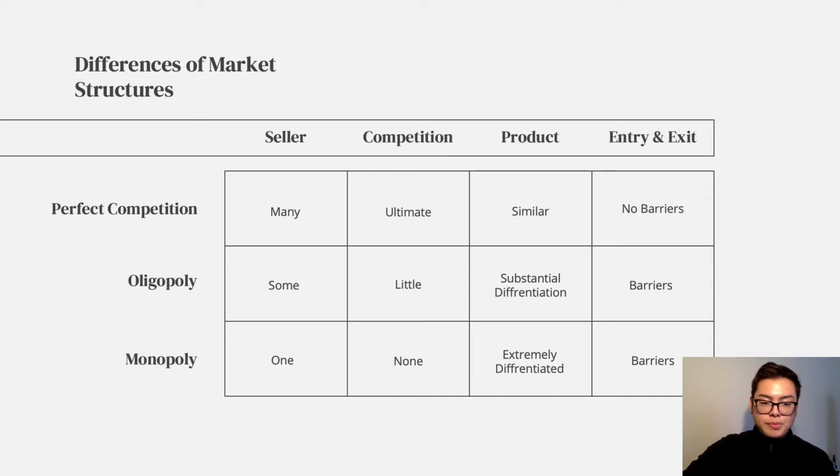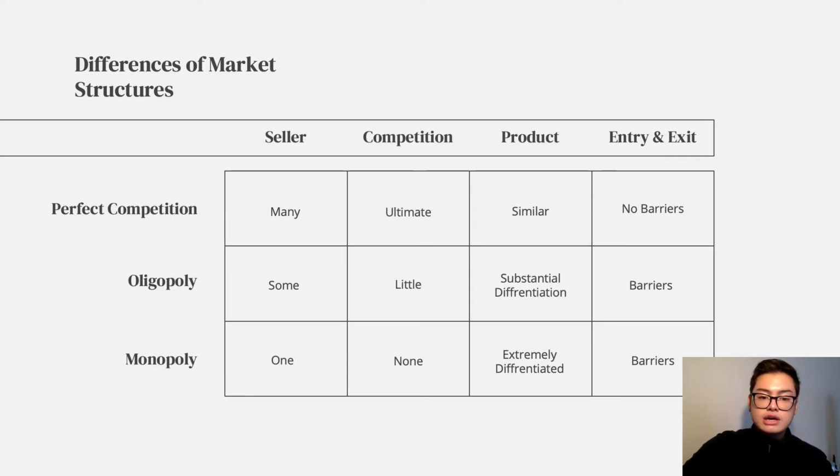For competition, in perfect competition market structures, there is huge, ultimate competition because of the many sellers selling their products in the market. In oligopoly, there's only a little competition, and in monopoly, there's no competition at all because only one seller is on the market.